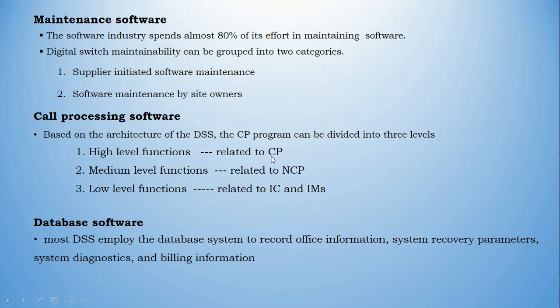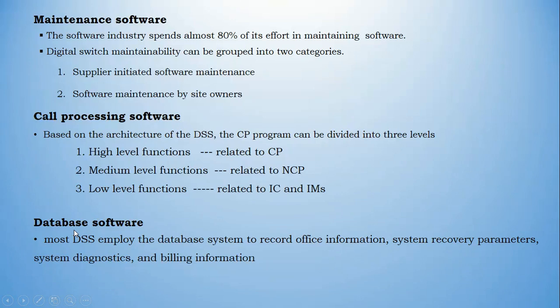The high level function is related to the central processor, the medium level function is related to NCP, and the low level functions are related to the interface controller and IM modules. High level functions are to maintain it, and it should be duplicated. The medium level connects your lower level to the higher level, and the low level functions maintain how many line modules and trunk modules have to be connected.